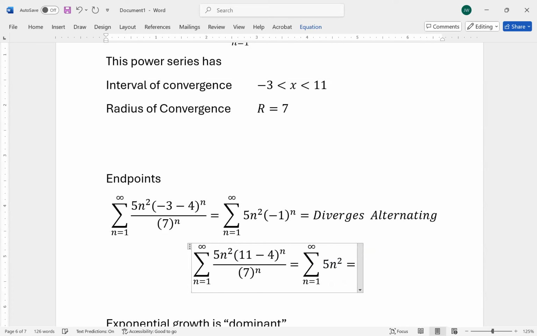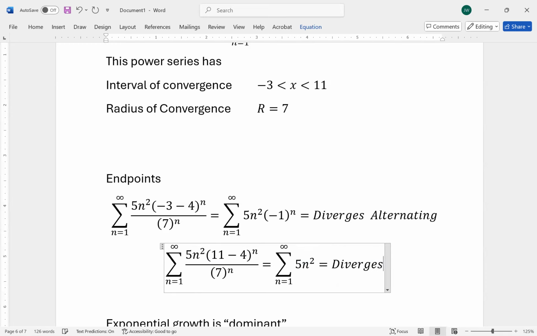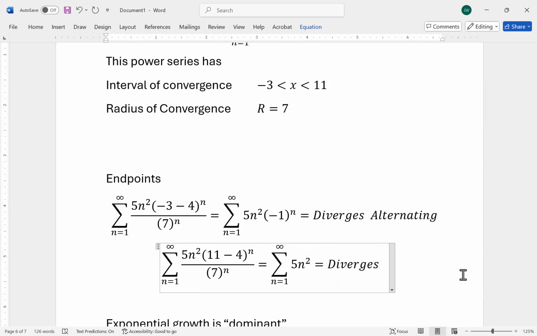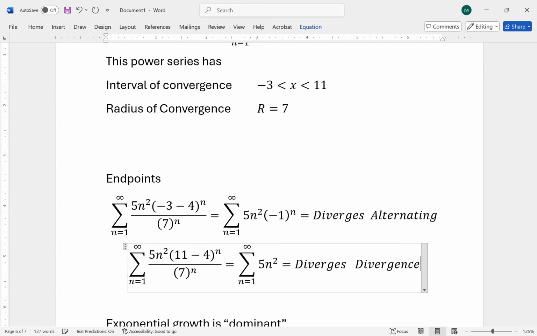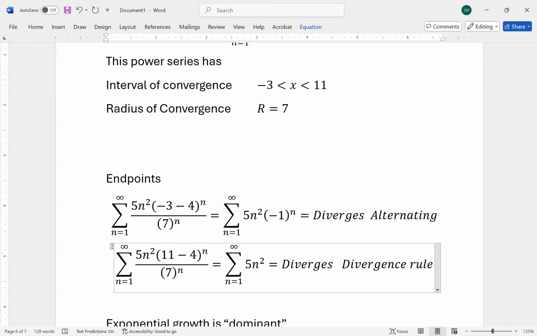And that also diverges. That's the divergence test, or the divergence rule. The terms don't go to 0. So in this case, both endpoints diverge.